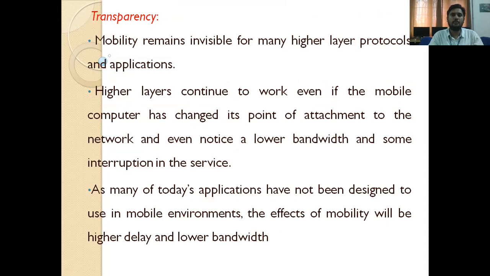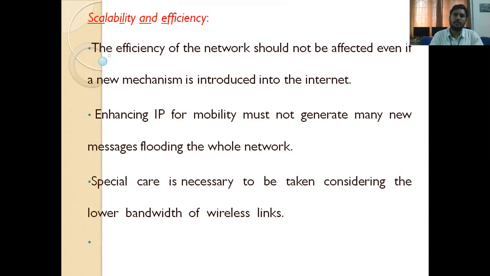Higher layers continue to work even if the mobile computer has changed its point of attachment to the network, and even notice a lower bandwidth and some interruption in the service. As many of today's applications have not been designed for mobile environments, the effects of mobility will be higher delay and lower bandwidth. That is transparency.